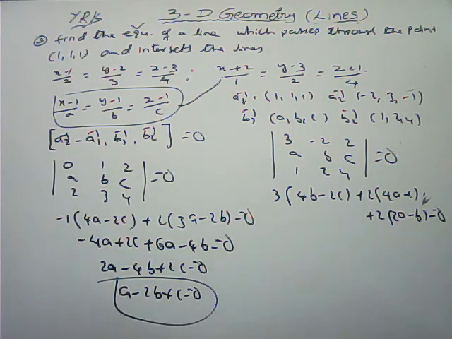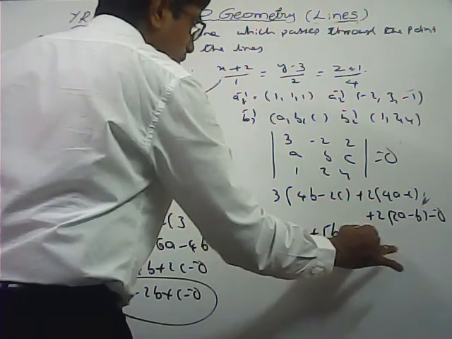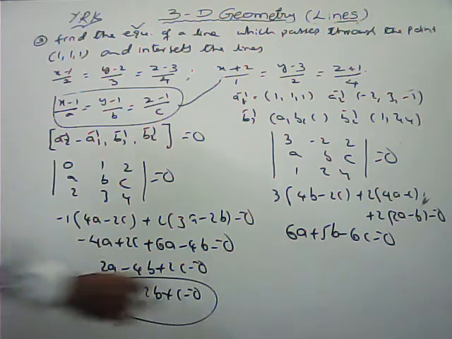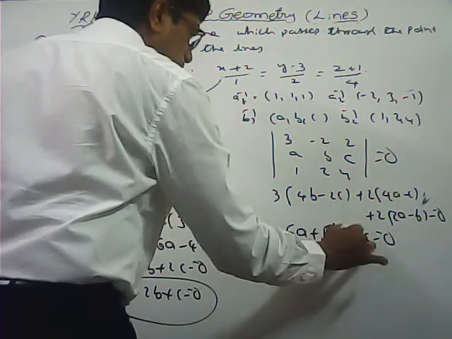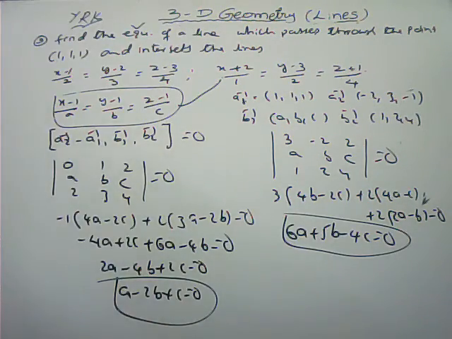By simplifying, we get 6a plus 5b minus 4c equals 0. Here we got 2 relations in a, b, c: a minus 2b plus c equals 0, and 6a plus 5b minus 4c is equal to 0.